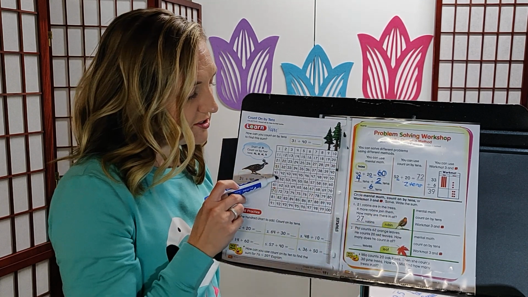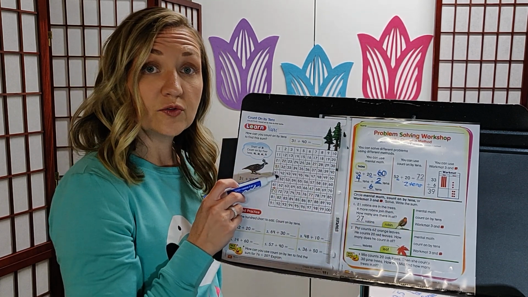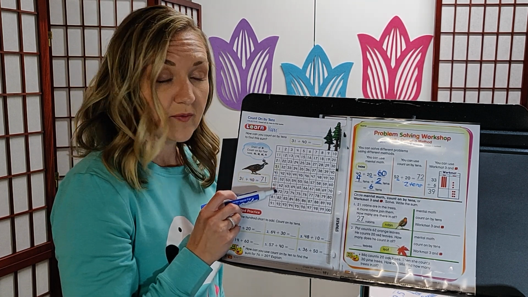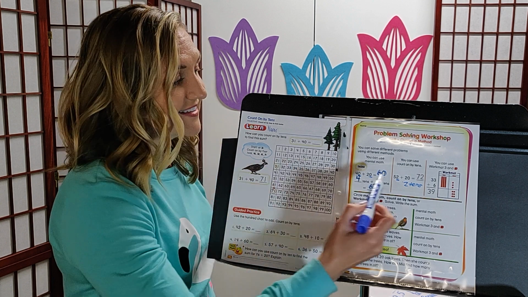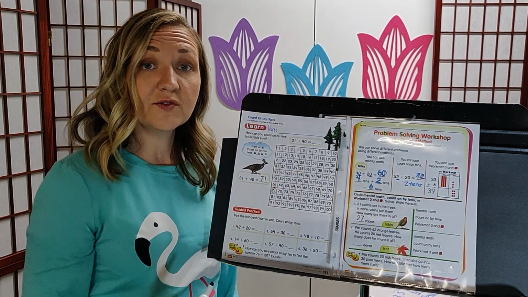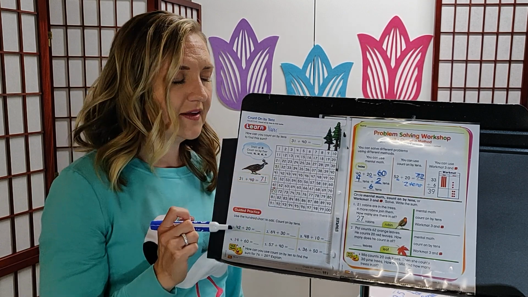So if we go back to 52 and we jump down 2 times, 1, 2, where do we land? On 72. So counting on by tens is using the hundreds chart to help us.